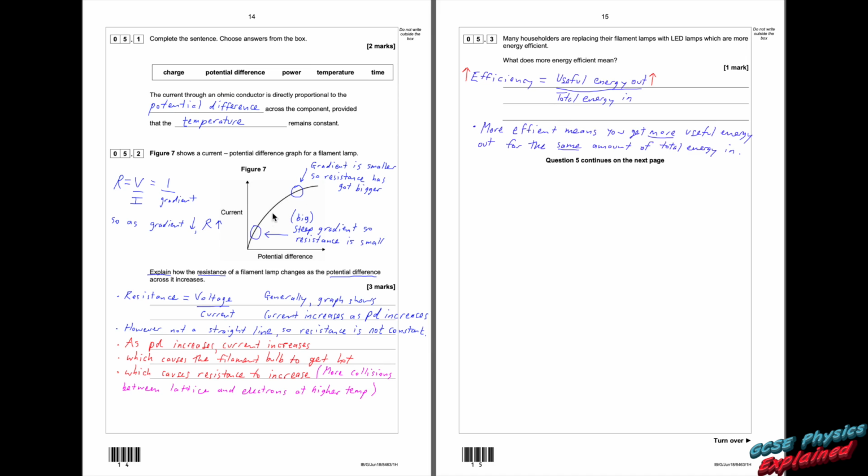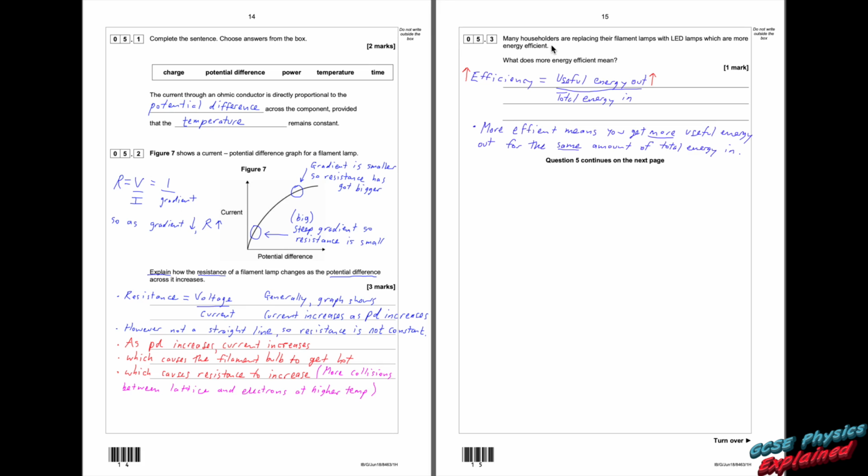And here you can see the gradient is getting flatter and flatter, which means that the resistance must be getting bigger and bigger. Because remember, they're opposites. If one thing gets smaller, the other thing gets bigger. It's an inversely proportional relationship between the resistance and the gradient.